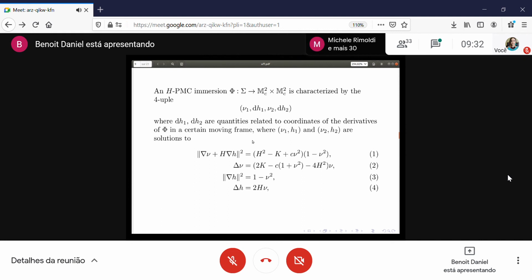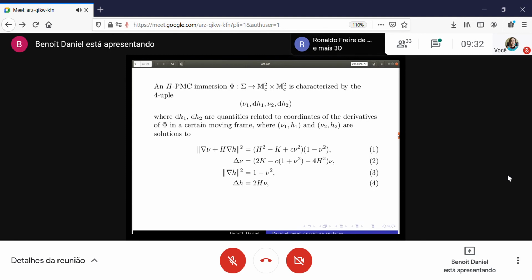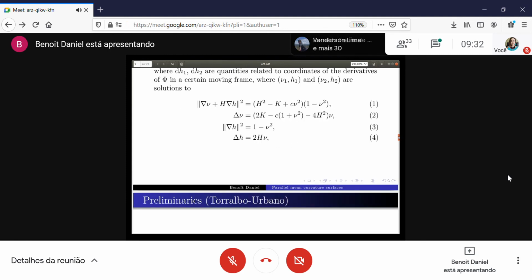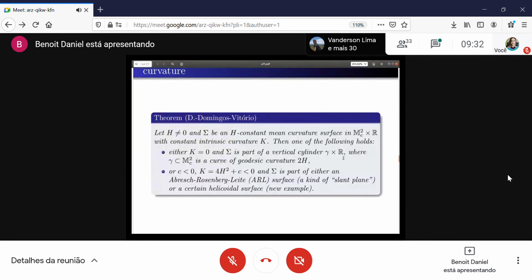So the problem is to study a solution to this in the case where K is constant. It's not an obvious study, but it's doable. And we see that only these examples can occur: vertical cylinders, Abresch-Rosenberg surfaces, and the new surface of helicoidal type.